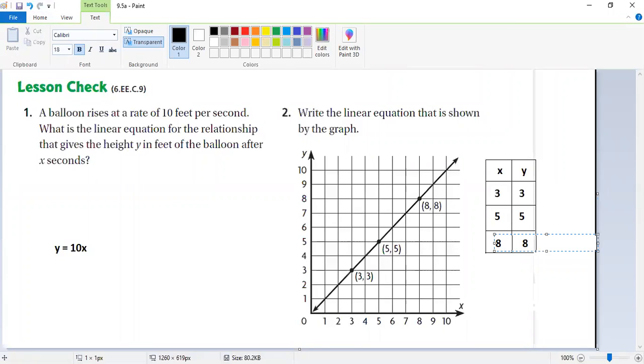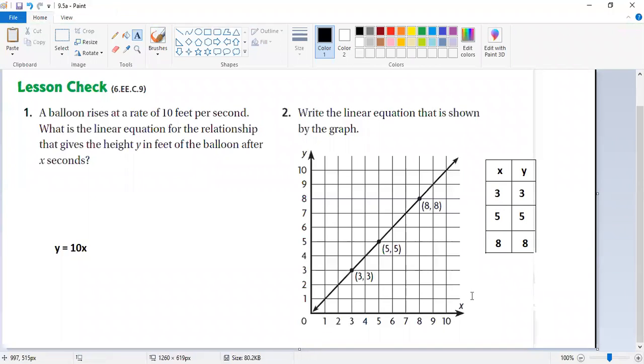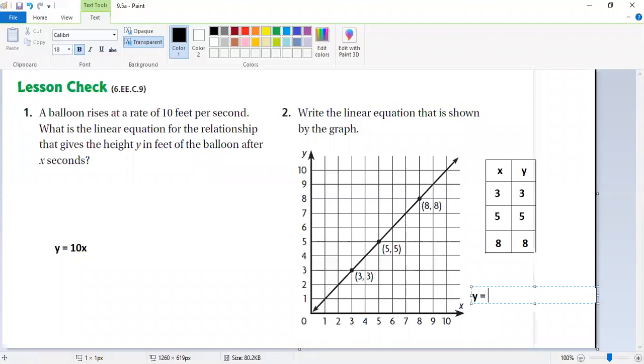Now we have done a similar question like this in yesterday's lesson, sorry, for the classwork. When both the values are the same, how do you write the equation? As usual, we start with y equals. Now, x is 3, y is 3. So how did the x become y? 3 ones are 3, 5 ones are 5.